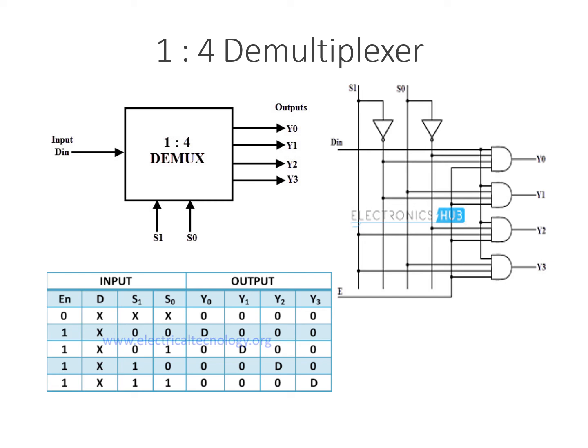Similarly, for data input X and 1,0 for select lines, we get the output line Y2 connected. So for data input X, select lines 1 and 1, we have output line connected to Y3. So this is actually the procedure behind 1:4 demultiplexer.